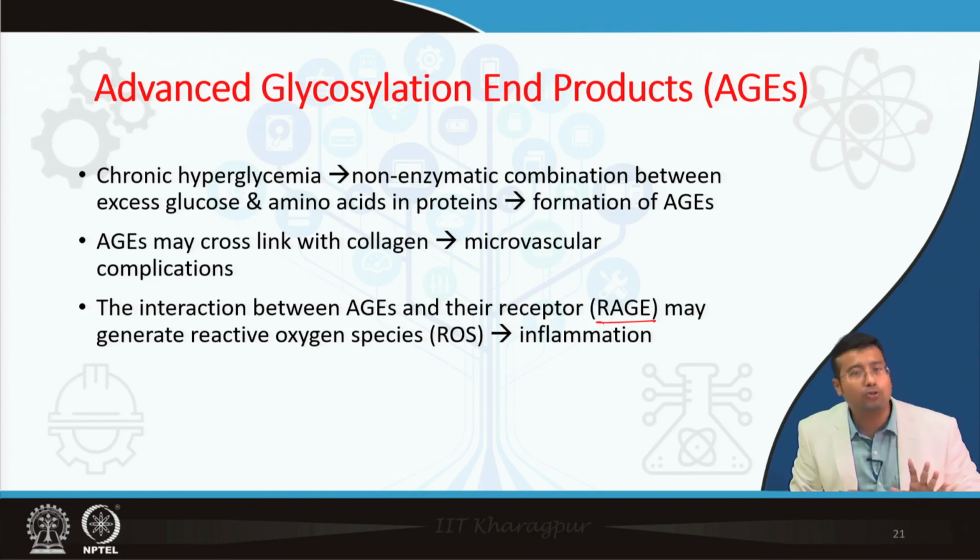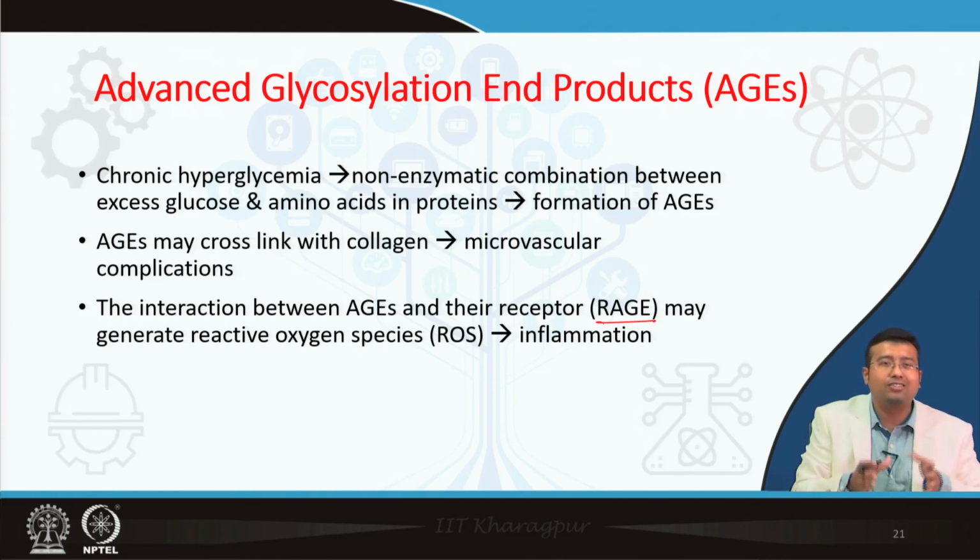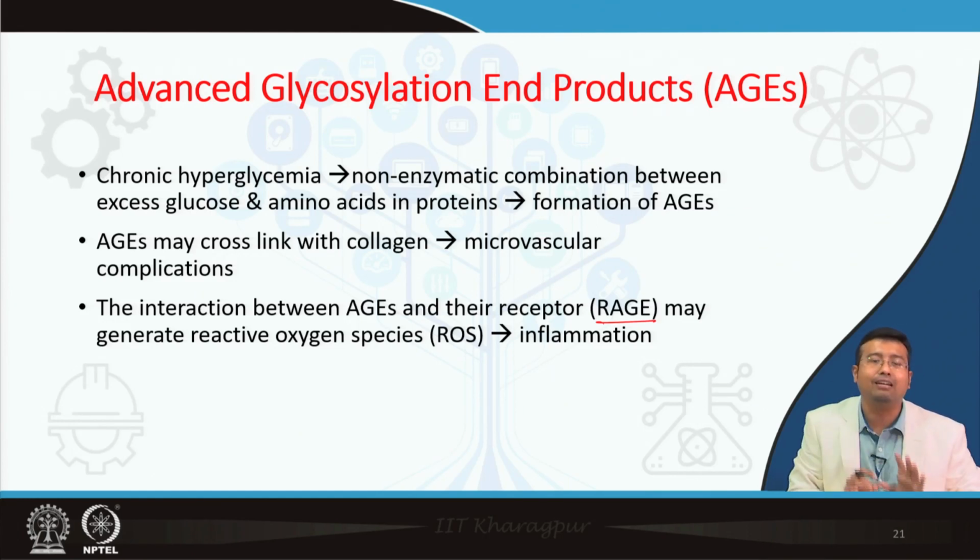This is itself a huge topic, and if you are interested, there are references in the reference section, you can read it. But for now just know this: excess glycation of certain products leads to microvascular complications by interaction with the receptors, and the whole thing is mediated by inflammation and pro-inflammatory cytokines.